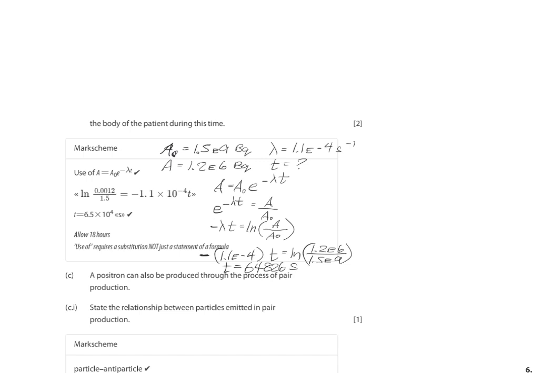So I isolate the exponent, I divide both sides by A naught, and then I take the natural log of both sides to get rid of the exponent, and we just have negative lambda t equals the natural log of A over A naught. Throw all my numbers in, solve for t, and I get 64,826 seconds, which matches the mark scheme right here.